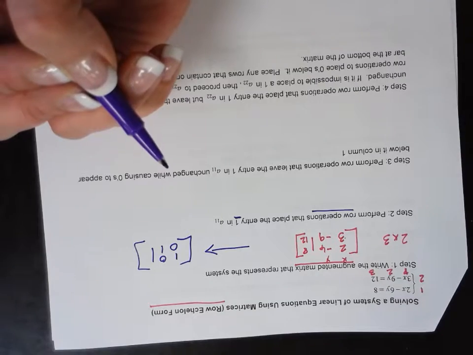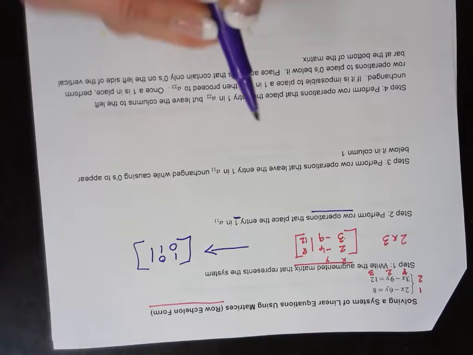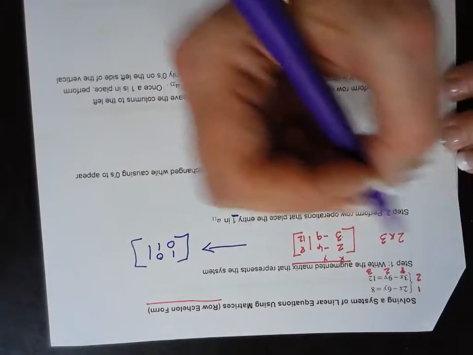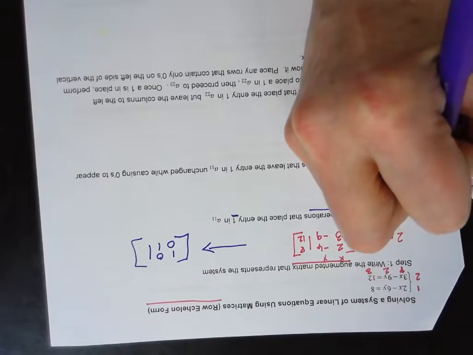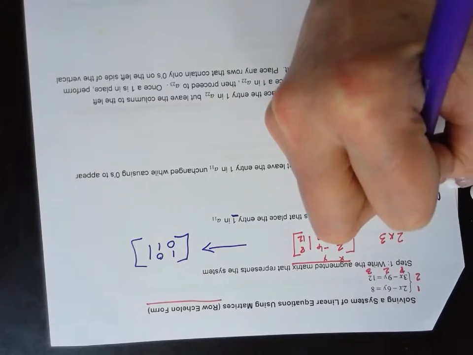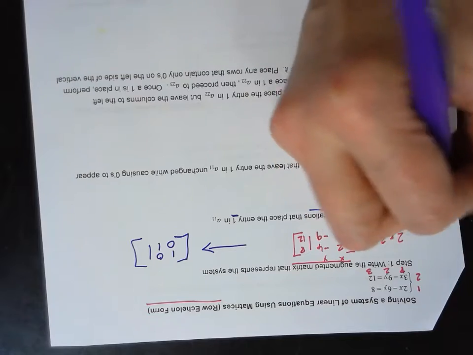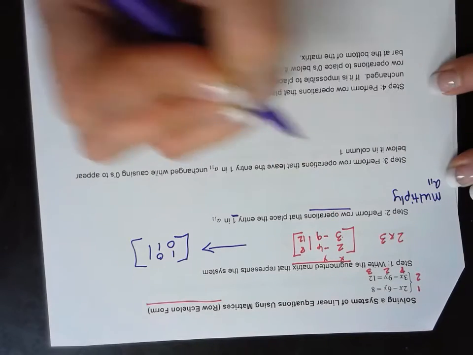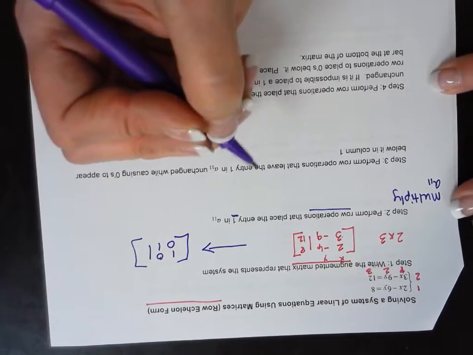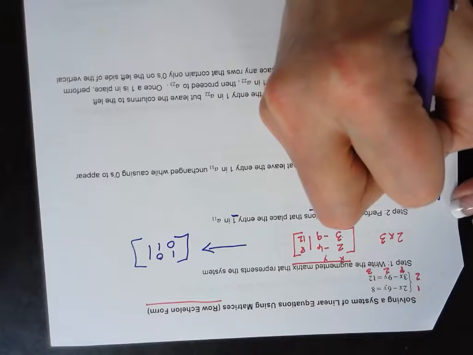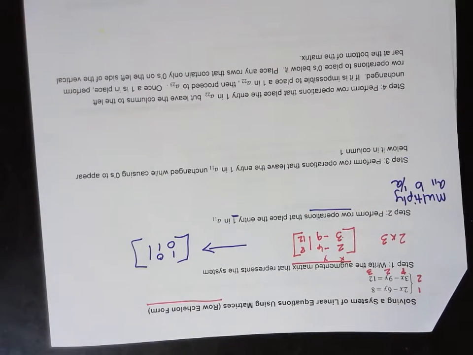Basically, if there isn't a 1 anywhere else, you're going to multiply your A11, your first element, by 1 over A.